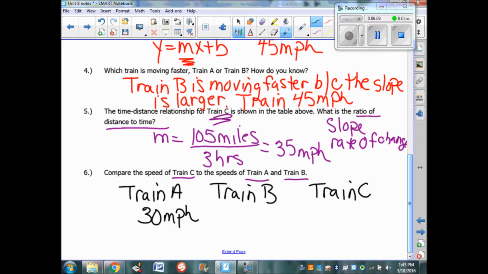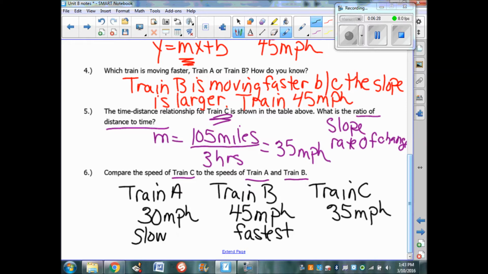Train B is moving at 45 miles per hour. And then we just found that train C is 35 miles per hour. So which one's the fastest? That one's the fastest. Train A is the slowest. Okay, and train C is the medium speed, right in the middle.